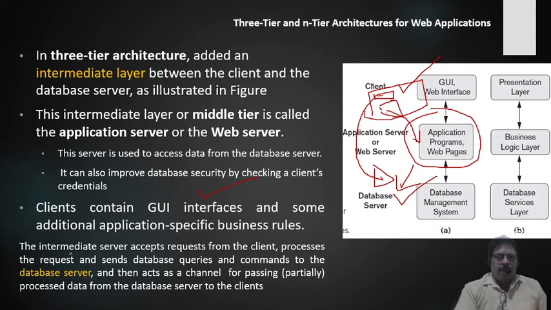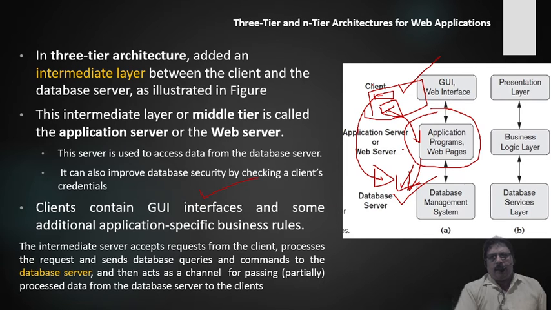So the intermediate server accepts the request from the client. When the submit button is pressed, the request is sent, the queries and commands for selection of that register number go to the database server, and it provides the selection query to the database server, and then acts as a channel for passing the processed data from the database server to the client.